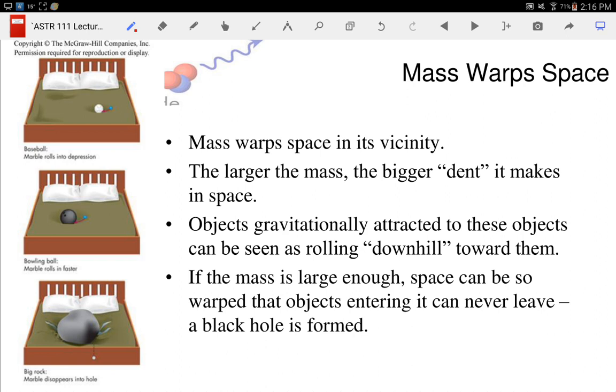You'll never get out because it's like being on the inside of a basketball. You can run all day long on the inside of the basketball and go all kinds of distances, but you never get outside because it's folded over itself. And so that's the Einstein view of a black hole. What's going on inside a black hole? Yeah, we have no idea.